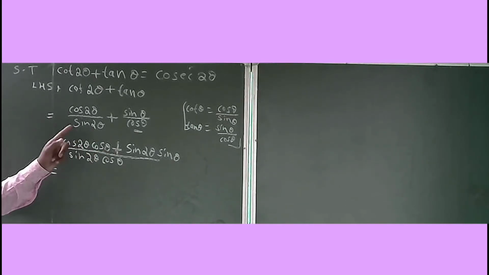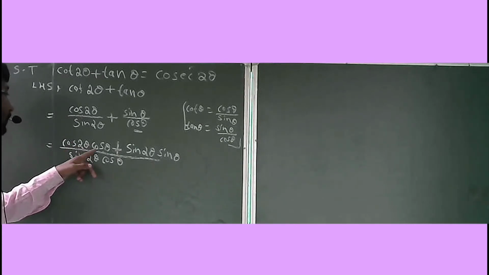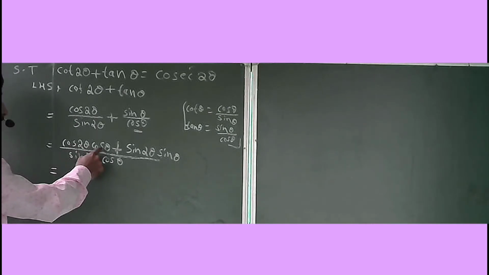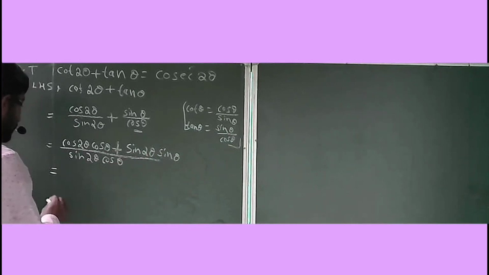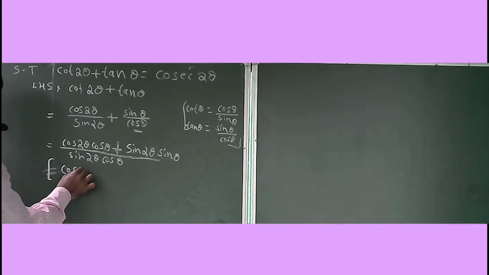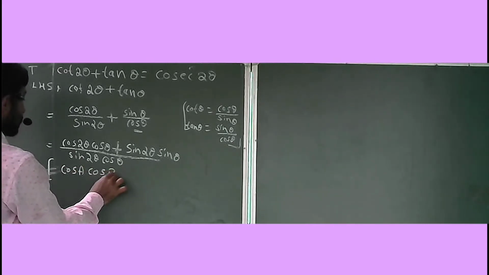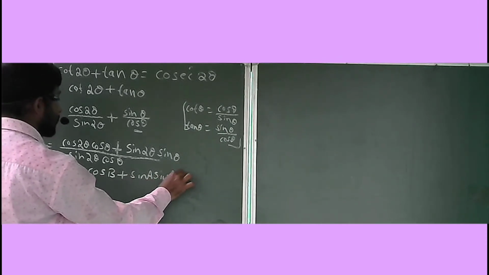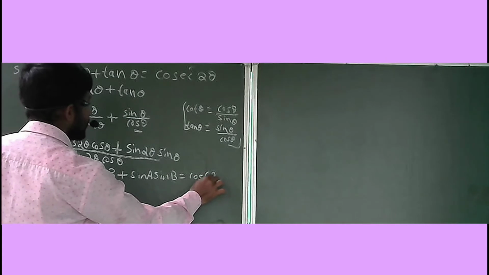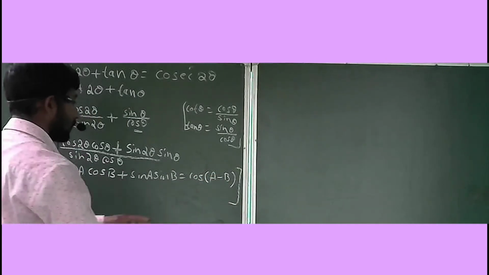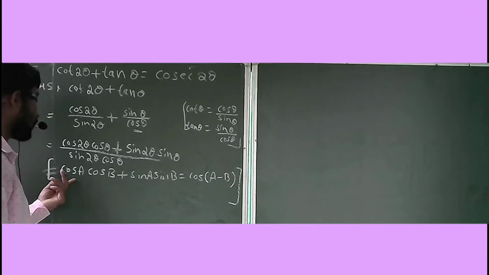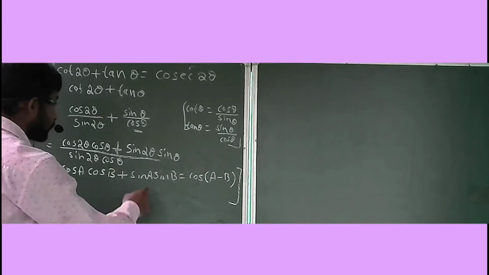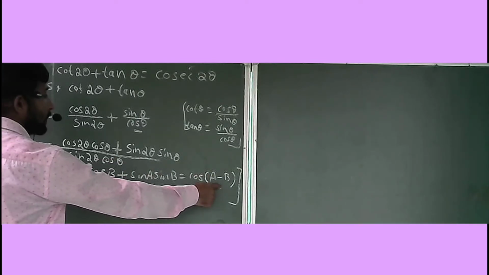The numerator is of the form cos 2 theta cos theta plus sin 2 theta sin theta, that is cos A cos B plus sin A sin B. We have the formula cos A cos B plus sin A sin B is nothing but cos of A minus B, right? Cos of A minus B is equal to cos A cos B plus sin A sin B. Okay. So the numerator is nothing but cos of A minus B.